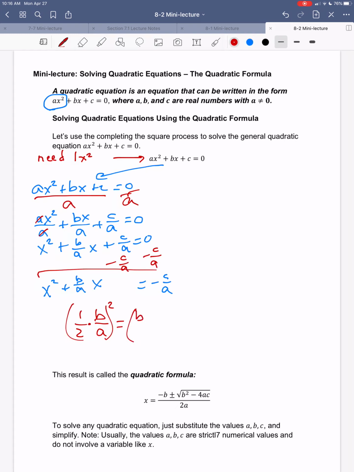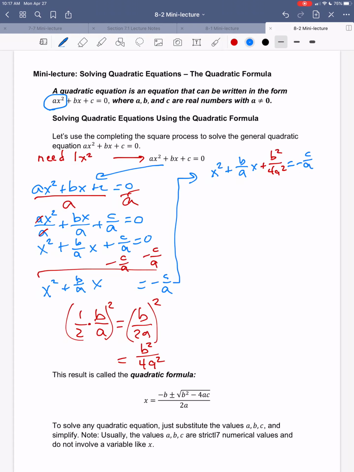Well, 1 times b is b, 2 times a is just 2a, and now if I square, I'm going to get b squared in the top, 2 squared is 4, a squared is a squared. That's this special number that I'm going to have to add to both sides of the equation. So it's going to look like this, and I know this is really messy. It looks a little intimidating. We had the negative c over a to start with.